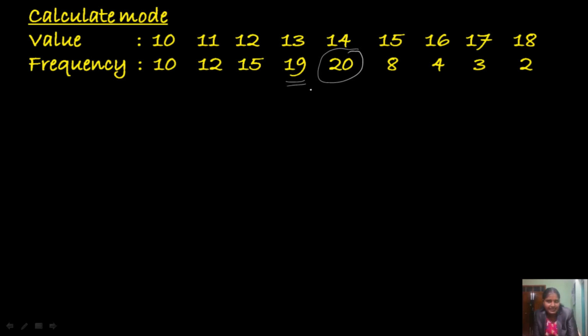But in this case the distribution is not regular because the highest frequency is 20 and the next two highest frequencies are 19, which is closely related to 20. So we couldn't identify the modal value by inspection. That is, the difference between the highest frequency and the next highest frequencies is very small.